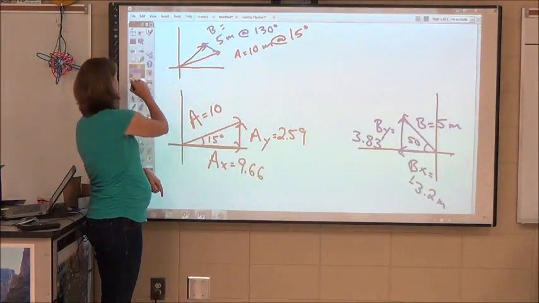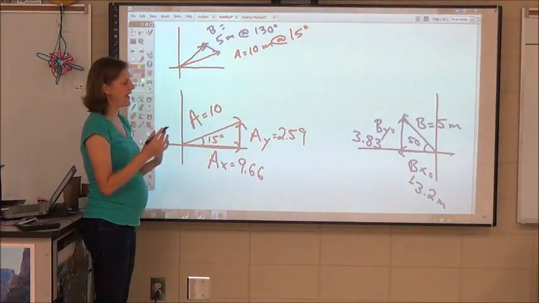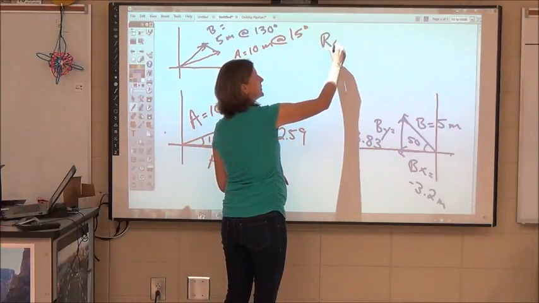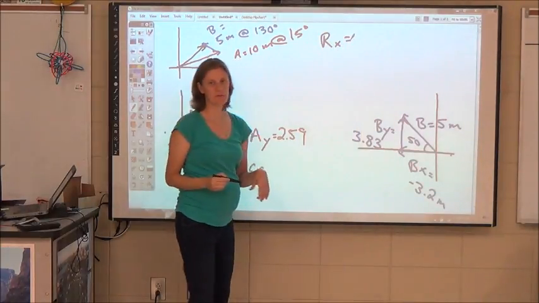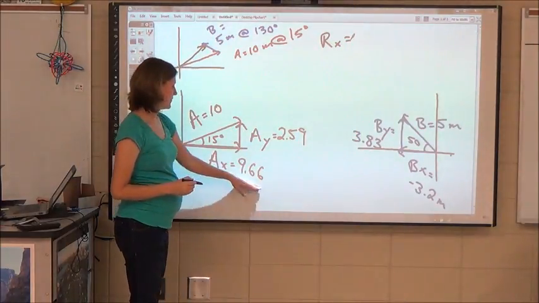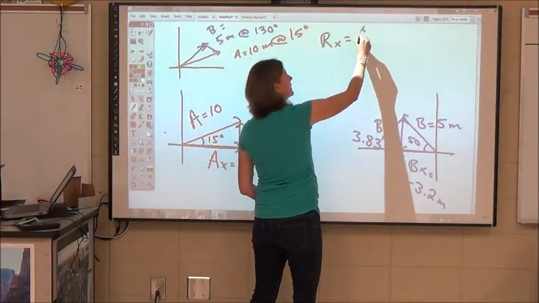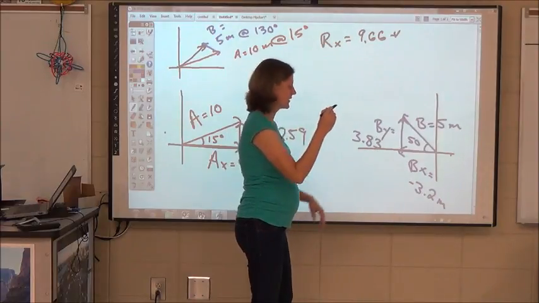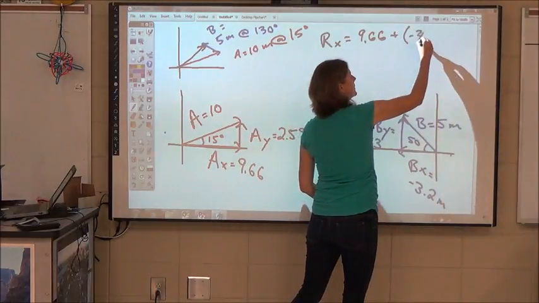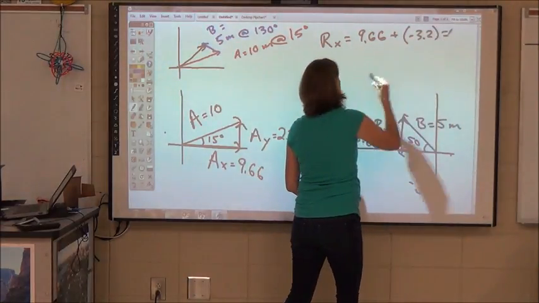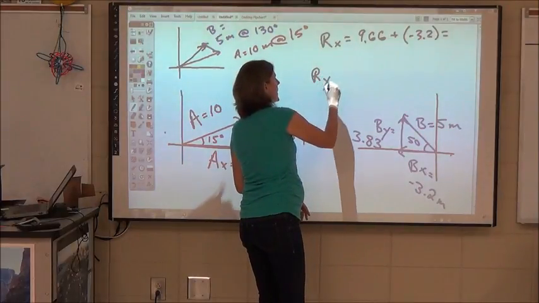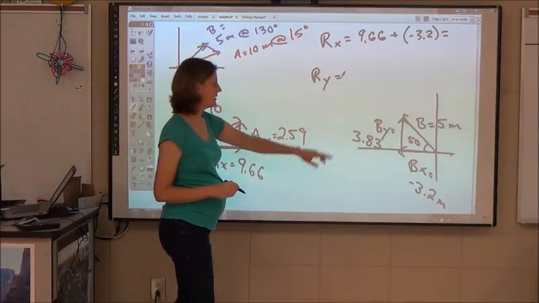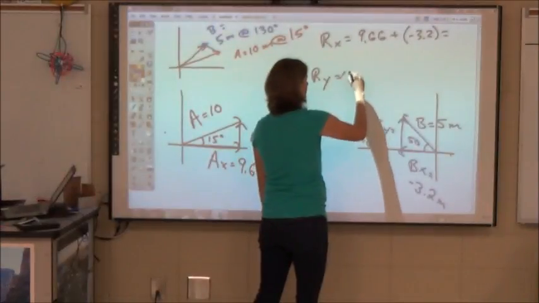Now I'm going to get my overall X and Y values. So really that's the resultant's X value and the resultant's Y value. So the resultant X would be 9.66 plus negative 3.2. And our Y would be 2.59 plus 3.83.